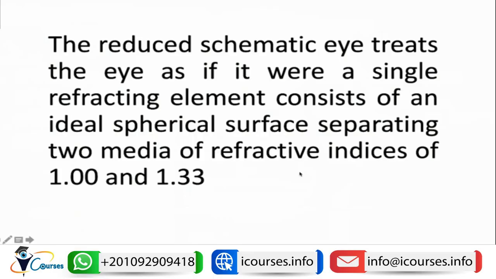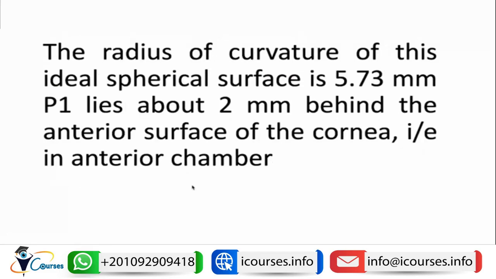The first has a refractive index of 1, which is air, and the one behind this refracting surface has a refractive index of 1.3, the refractive index of the aqueous and vitreous. Since it has a curvature, it should have a radius of curvature.